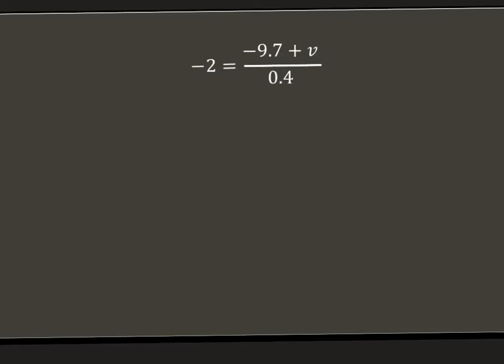All right, next problem, we have negative 2 equals negative 9.7 plus V, all divided by 0.4. So we need to get rid of that 0.4 before we can touch anything on top. So in order to do that, if I'm looking at division, I'm going to do multiplication, which is my inverse operation.